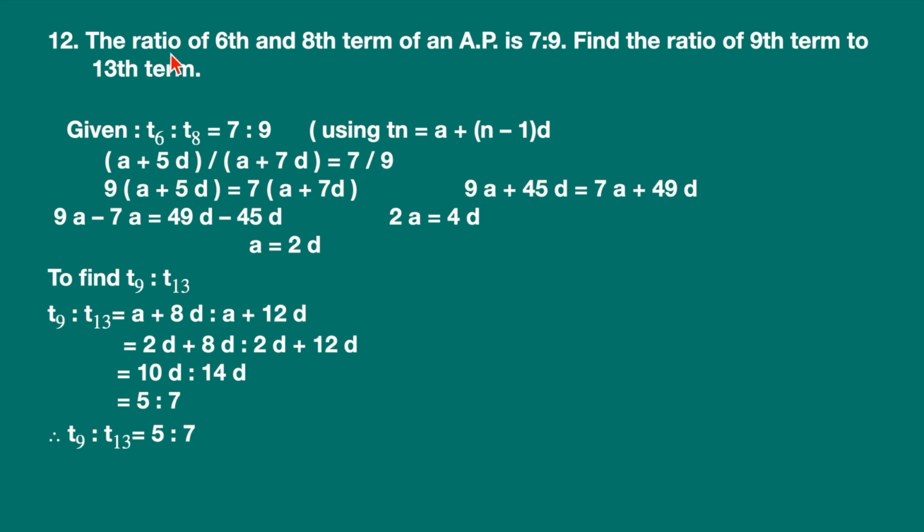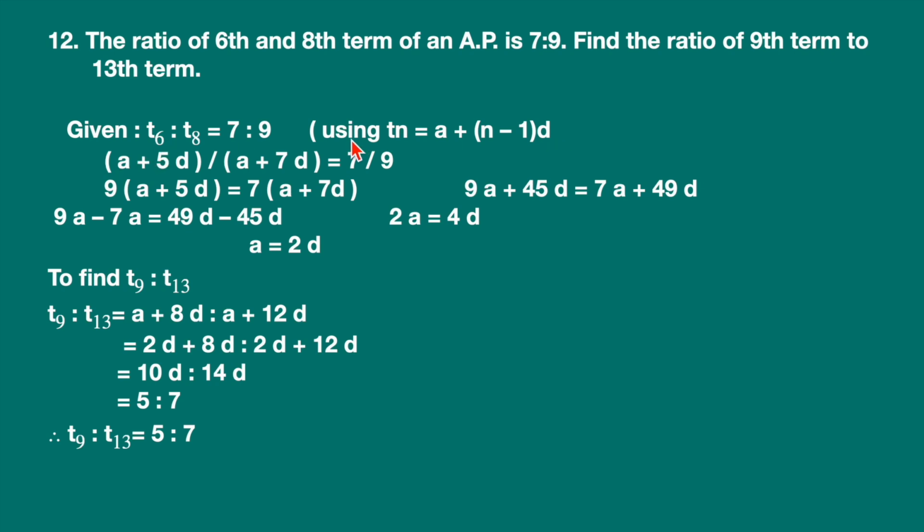Question 12. The ratio of the 6th and the 8th term of an AP is 7:9. Find the ratio of the 9th term to the 13th term. So the ratio T6 is to T8 is equal to 7:9. Now we are going to use this formula, Tn is equal to a plus n minus 1 d. Write down T6.